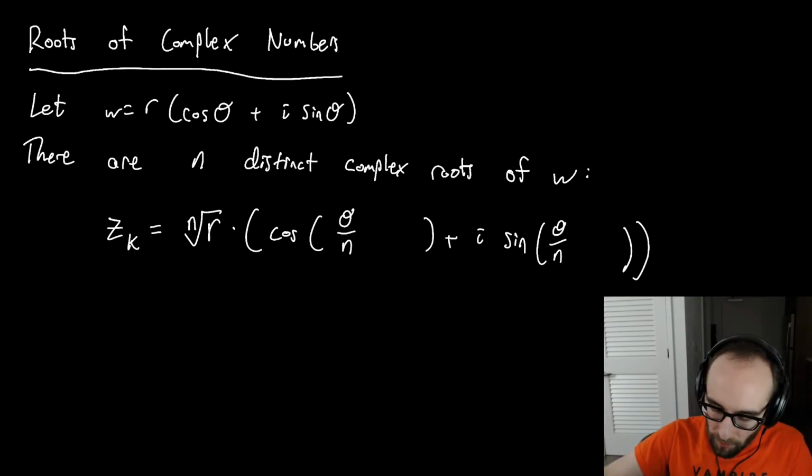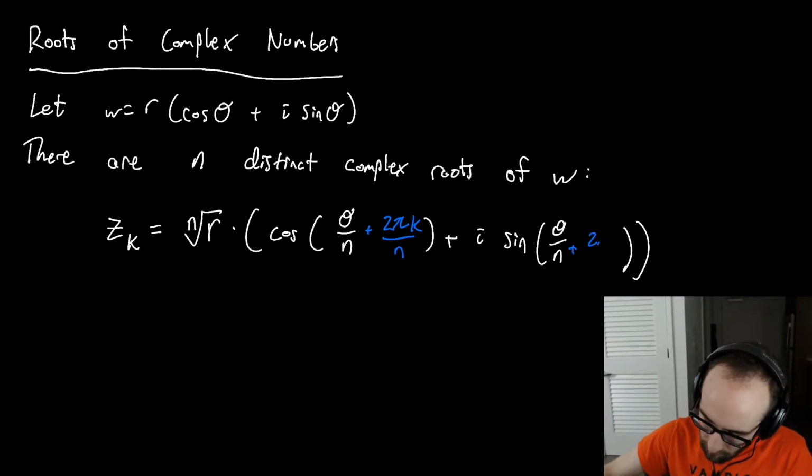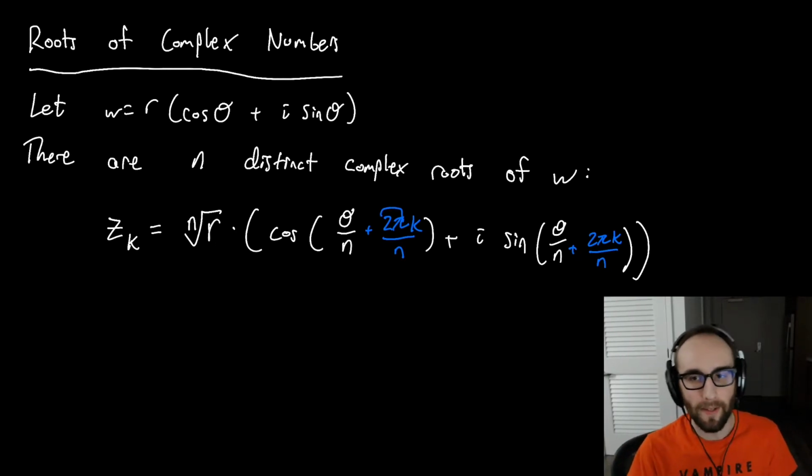There's one extra part that we're adding on, which is 2 k pi over n. Or I'll usually write it as just 2 pi times k over n. And the 2 pi there is just, if we're using radians, 1 revolution.